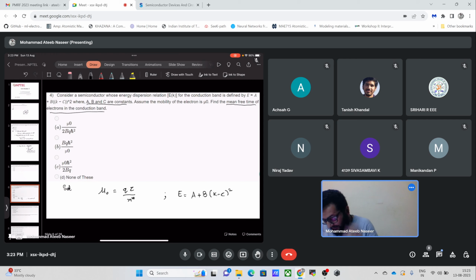Okay, so now if we consider this E-k relation, we will see that this m star is given by h bar square divided by d square E by dk square.